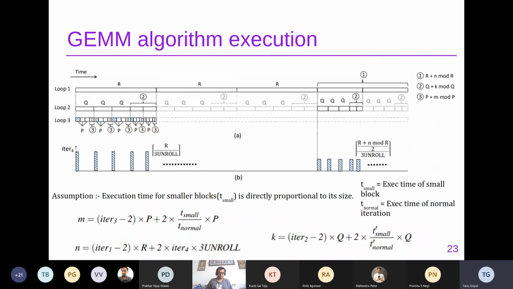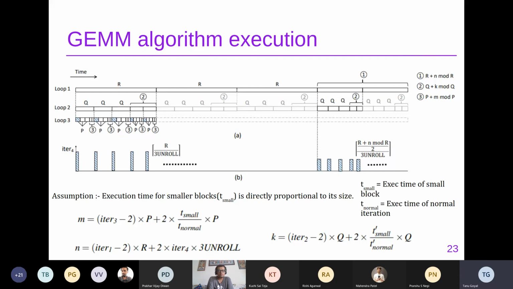So now we'll be looking at the execution of the matrix multiplication algorithm and how we can obtain the matrix parameters based on all the previous values. We have seen in the algorithm that there are 3 different loops: loop 1, loop 2, loop 3. This is a trace of 5 different iterations of the algorithm.